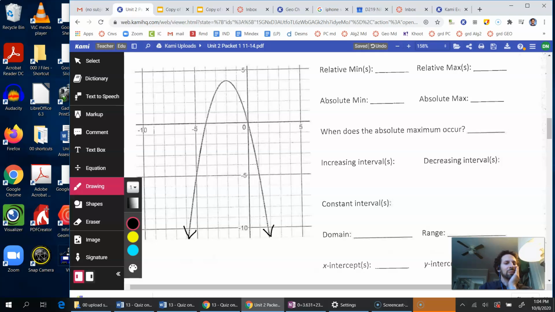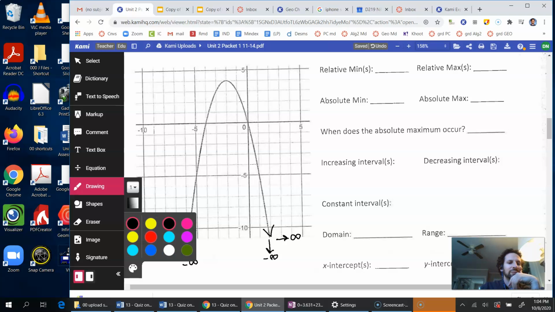Those arrows mean that the graph is going down towards negative infinity for the range, and the graph is going to the right for positive infinity for the domain. Similarly, on the left side, the graph is going down toward negative infinity for the range, and it's going to the left for negative infinity for the domain. That will help us at some point, especially when writing the intervals.